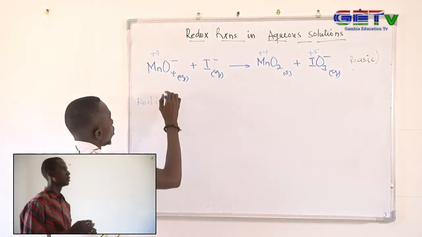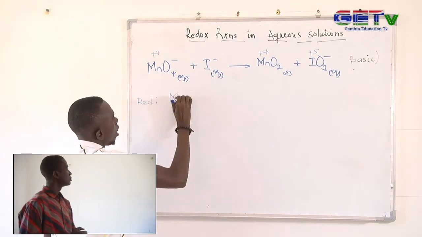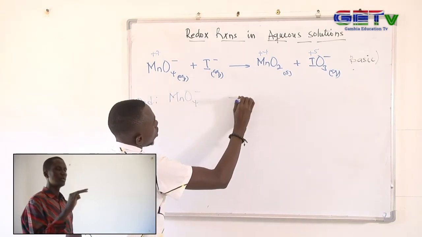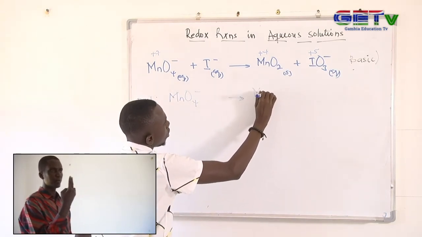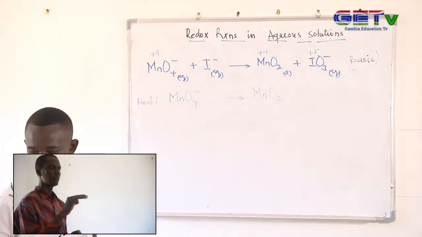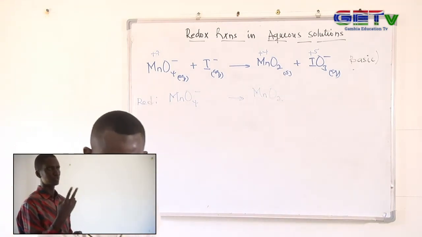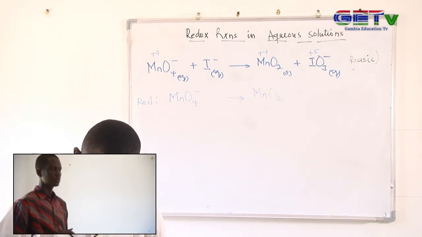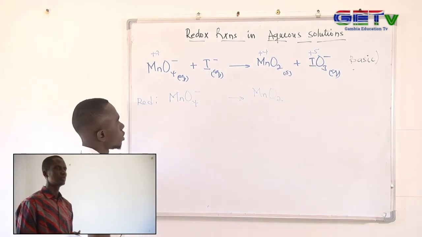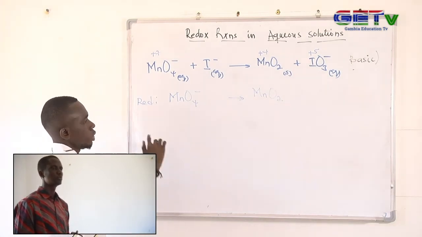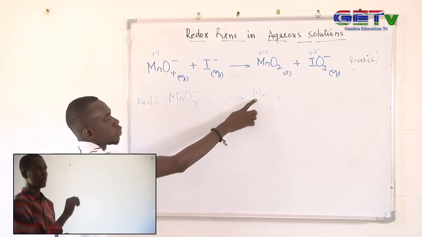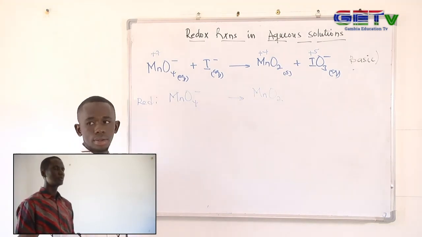So, we will have MnO4 minus will give us MnO2 solid. So let's try and balance the atoms. Here we have manganese 1, and here also we have manganese 1.